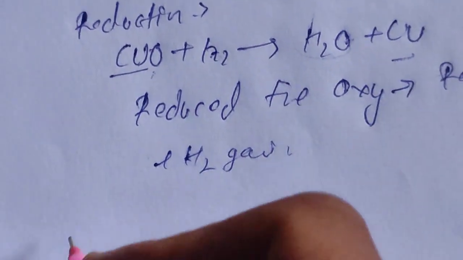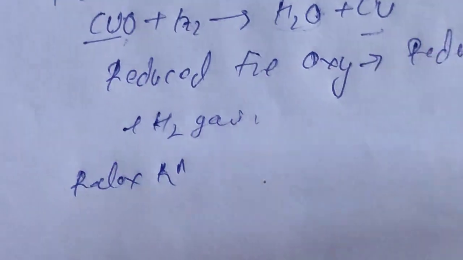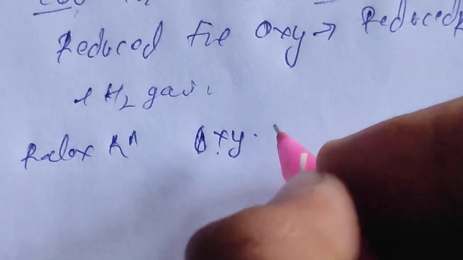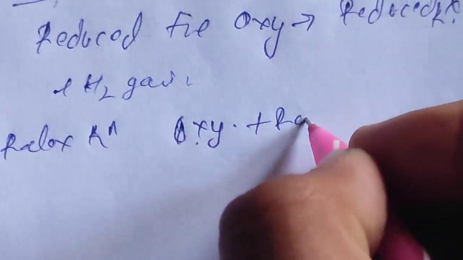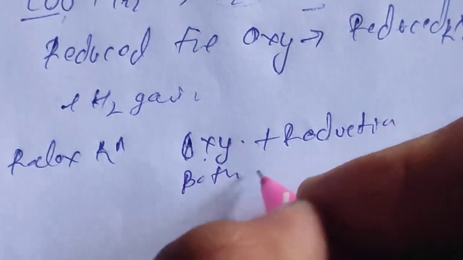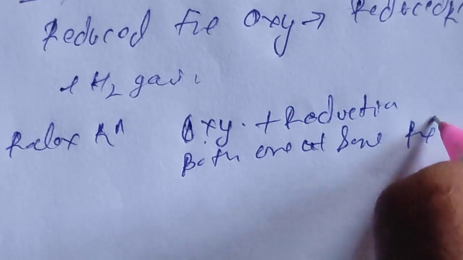And let's talk about the redox reaction. When we talk about a redox reaction, it means that in a reaction where oxidation plus reduction both happen in the same reaction, it's called a redox reaction.